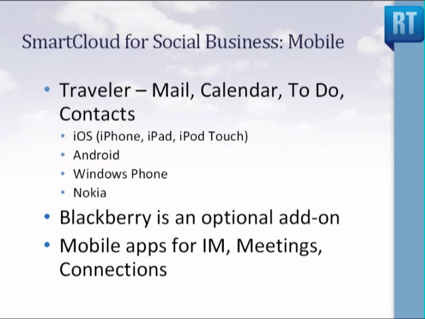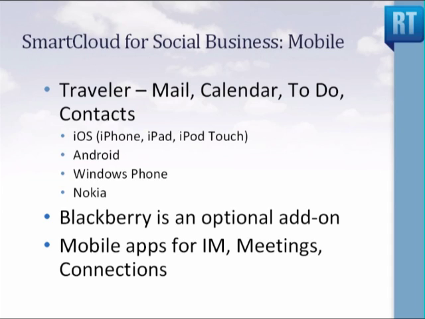There's also mobile, okay? Mobile is IBM Notes Traveler, and of course Traveler provides you your mail, your calendar, your to-do, and your contacts on your mobile devices, your Apple, your Android, your Windows Phone devices, and so on.